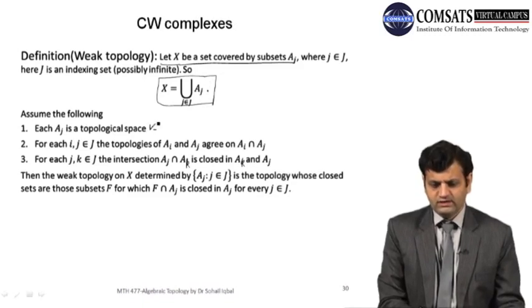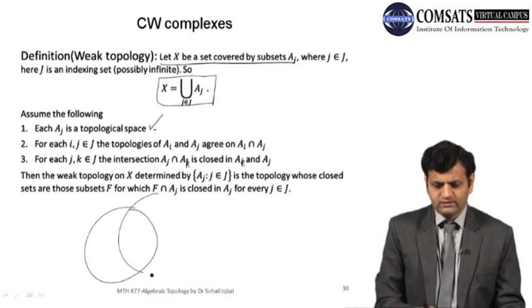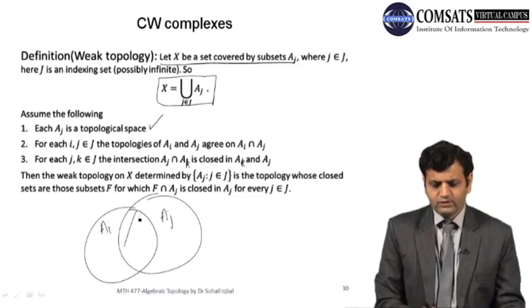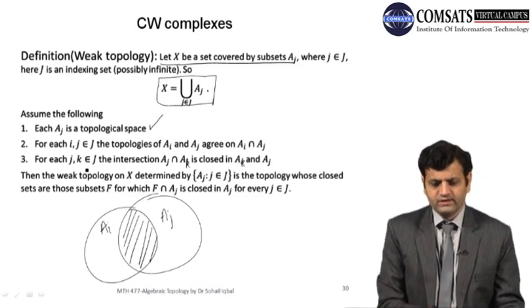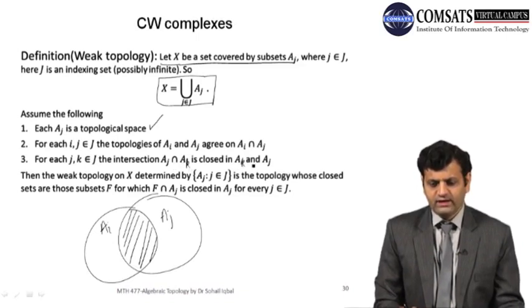Number one, each A_i is a topological space. Number two, whenever they intersect, say this is A_i and this is A_j, on the intersection their topologies agree. In other words, the open sets of A_i are the same as the open sets of A_j on this intersection. And the third condition is that for each j, k, the intersection A_j intersect A_k is closed in A_k and A_j.